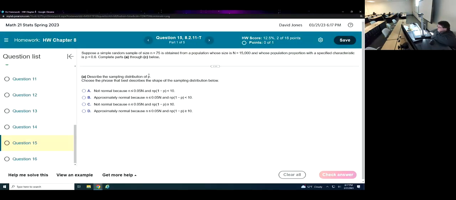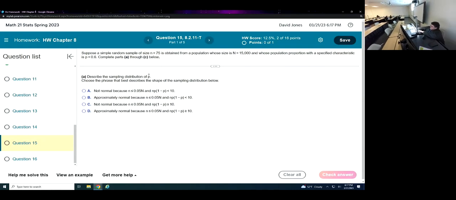It says, suppose a simple random sample of size n equals 75 is obtained from a population whose size is 15,000, and whose population proportion with the specific characteristic is p equals 0.6.